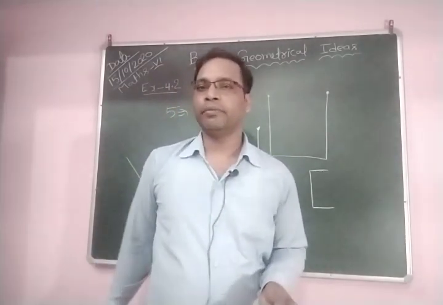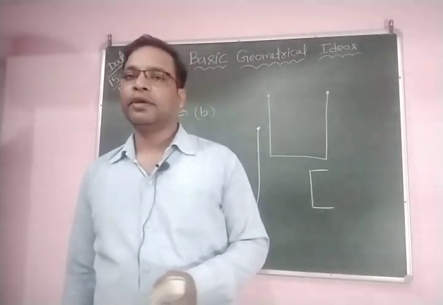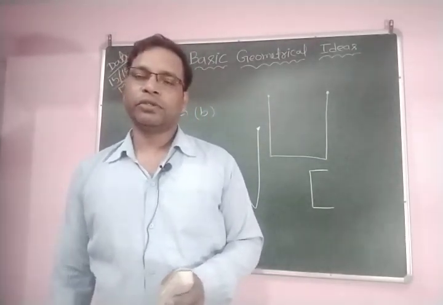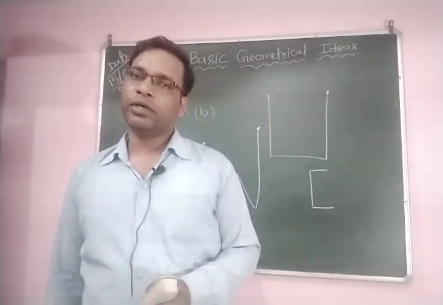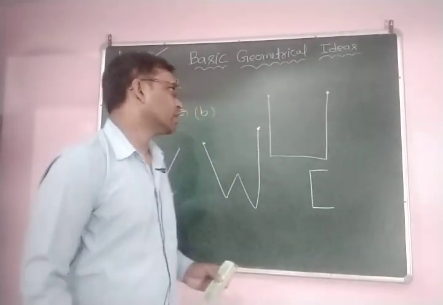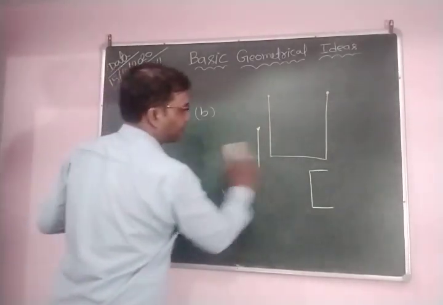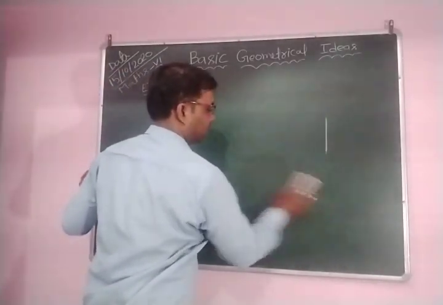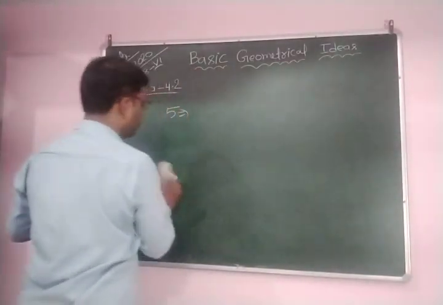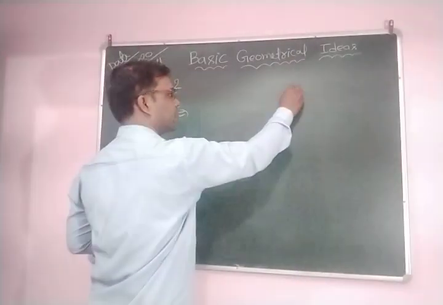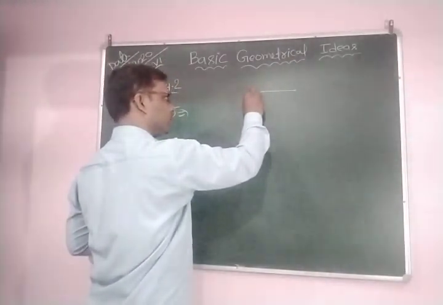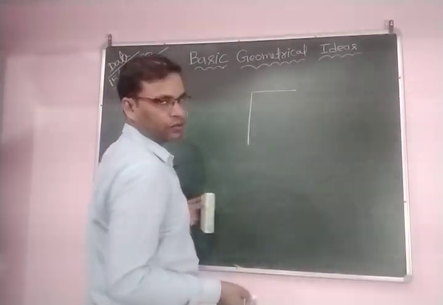So if you draw any figure with the help of two sides, it is not closed. This is only open. Again, you can try like this. If you take one side and other two sides, this is not closed.